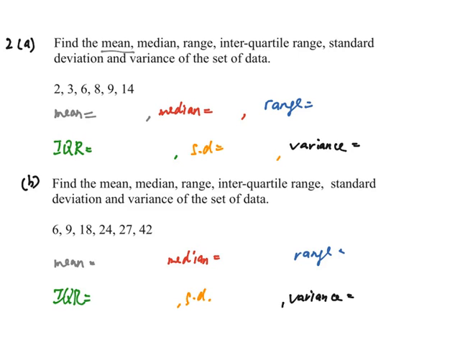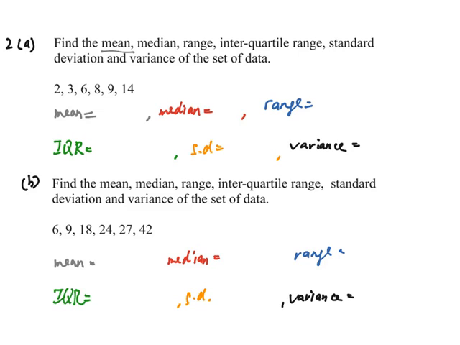Okay, let's check 2A. For 2A, mean is 7, and then for median, it is equal to 7. For range, 14 minus 2, so 12. And interquartile range, so the median is here, and then this one minus this one.